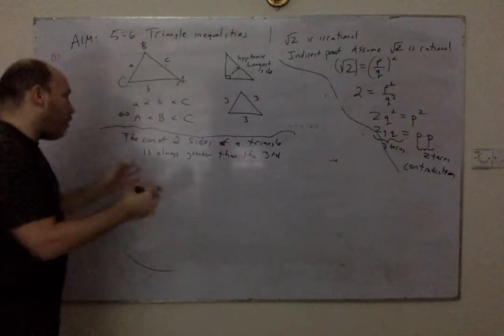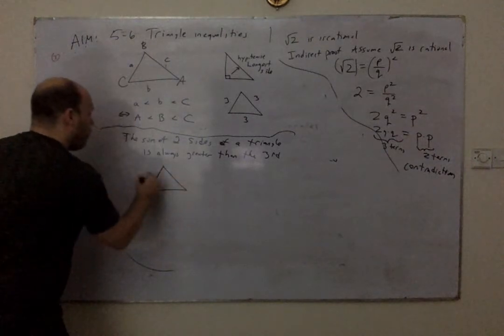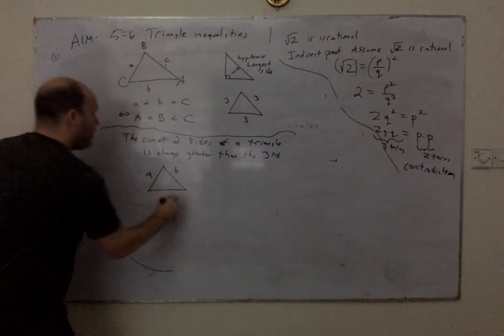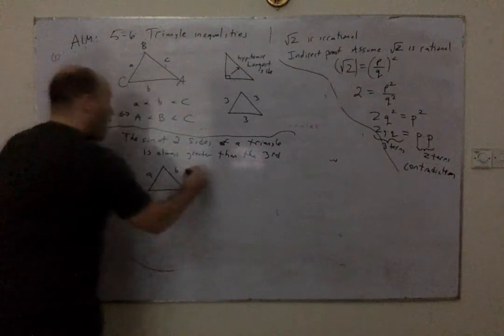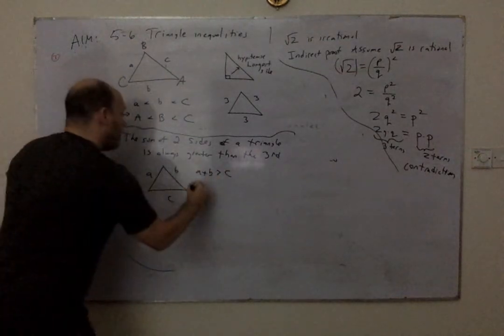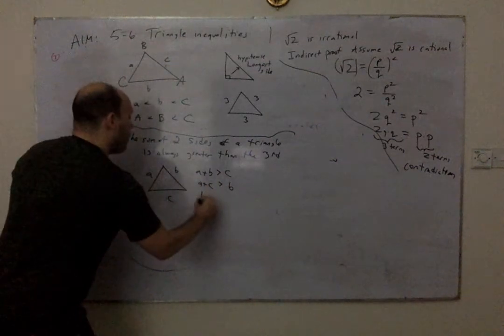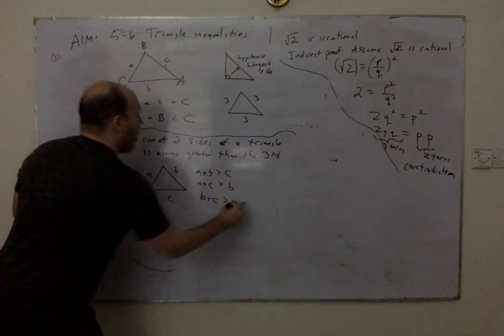So let's look at two triangles. The idea is, if you have A, B, and C, it says that A plus B is greater than C. It says A plus C is greater than B, and B plus C is greater than A.